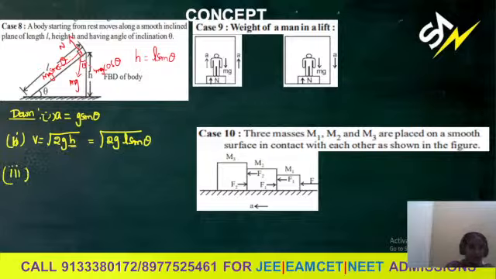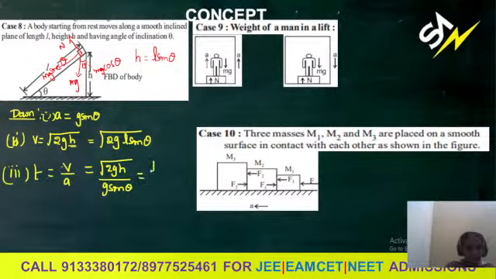And they can ask what is the time taken to reach the ground. So time taken will be v by a. Here v is root of 2gh, and a is g sin theta. So we can write it as 1 by sin theta into under root of 2h by g, because g can be written as root g into root g.